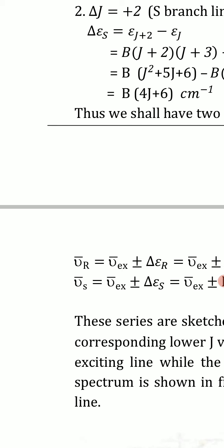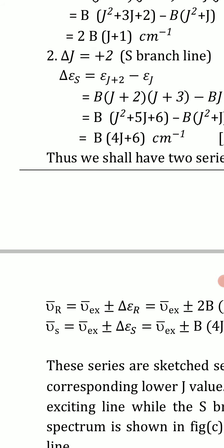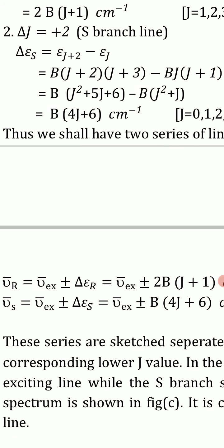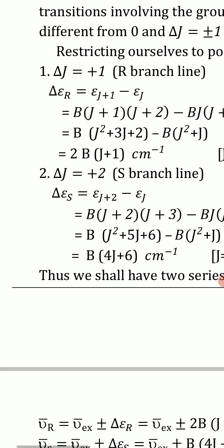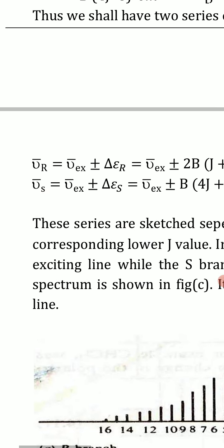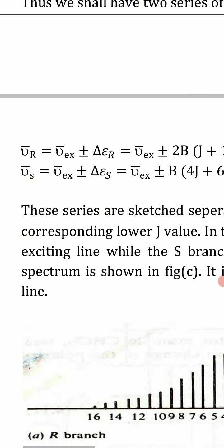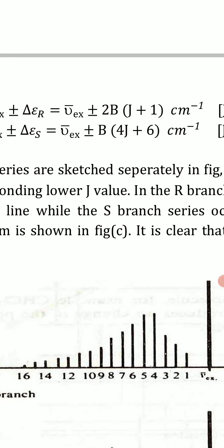For the R branch lines, we have wave number nu_R bar equal to nu_ex bar plus minus delta E_R. Putting the value of delta E_R, that is 2B(J+1), we get nu_R bar equal to nu_ex bar plus minus 2B(J+1), in centimeter inverse.